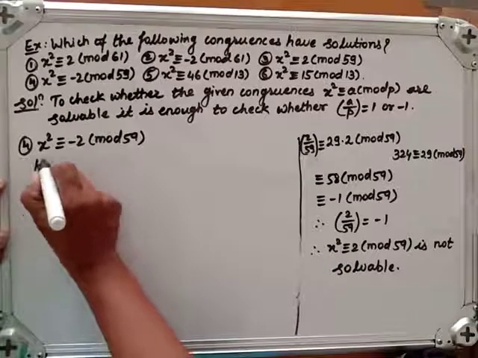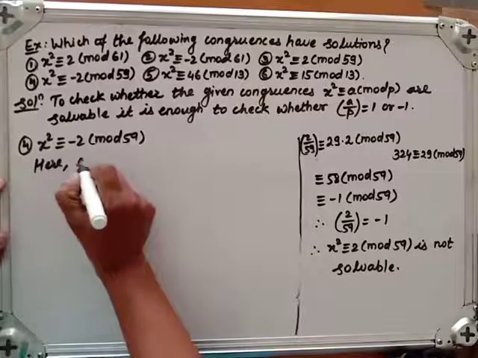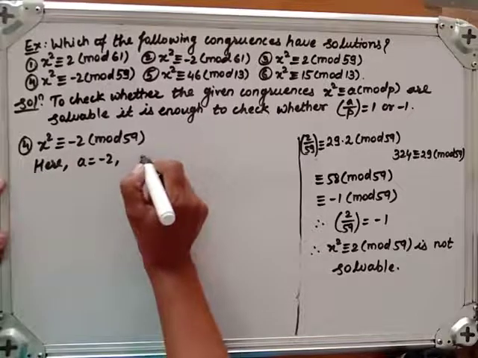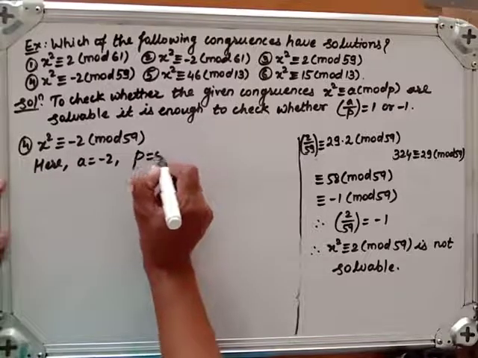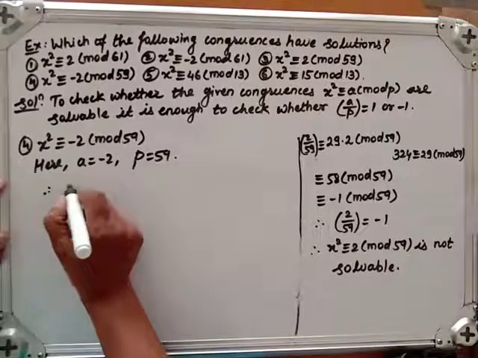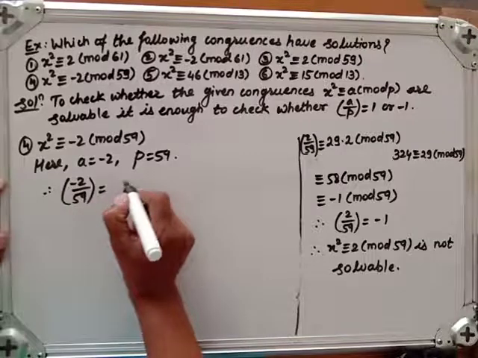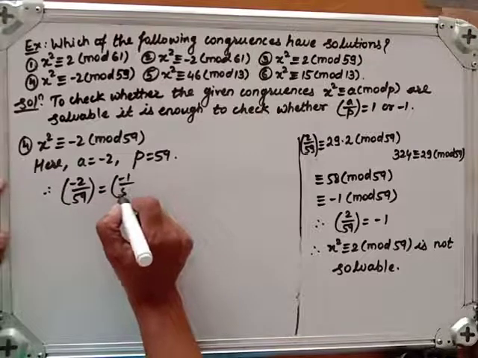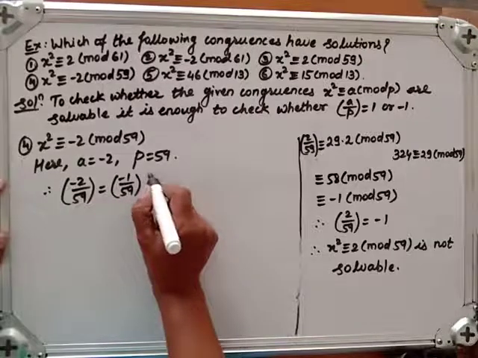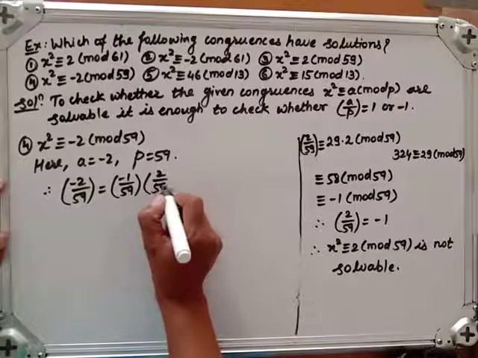So here a is minus 2 and p is what? 59. Therefore Legendre symbol of minus 2 by 59 is what? Minus 1 by 59 into 2 by 59.